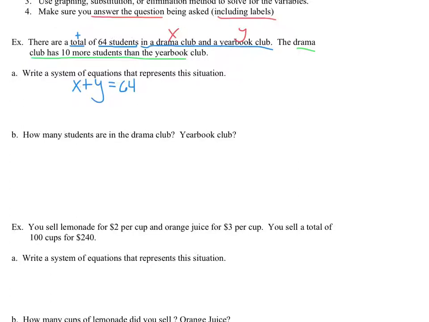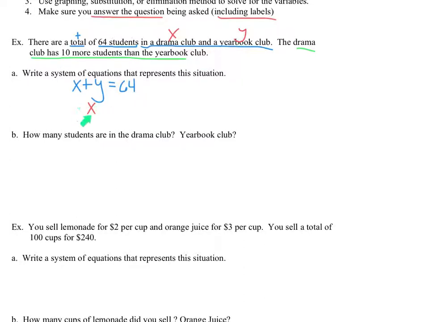The second equation is a little bit trickier. We have the drama club, represented by x, has 10 more students than the yearbook club. So there's 2 ways that I could do this. One of the problems that we might run into here is lots of times we think 10 more means 10 plus, and a lot of times we'll say x plus 10.